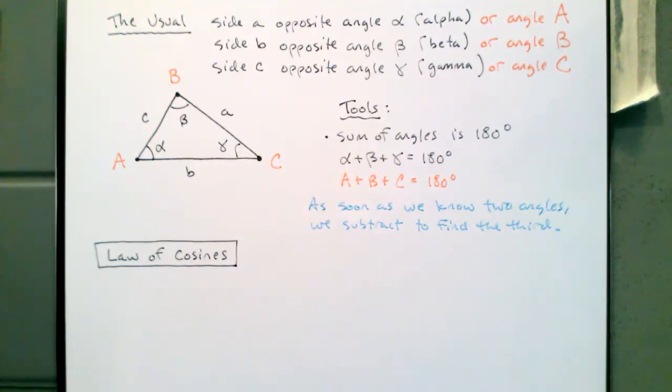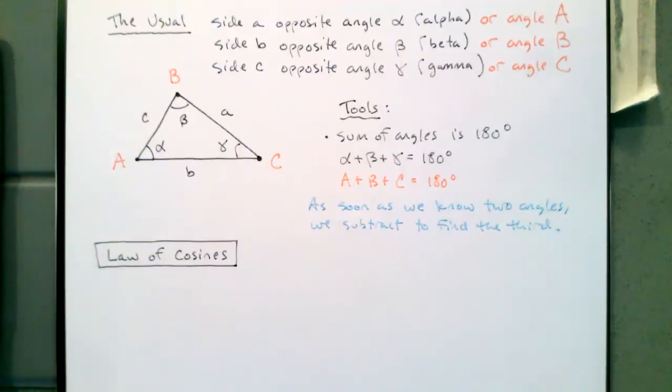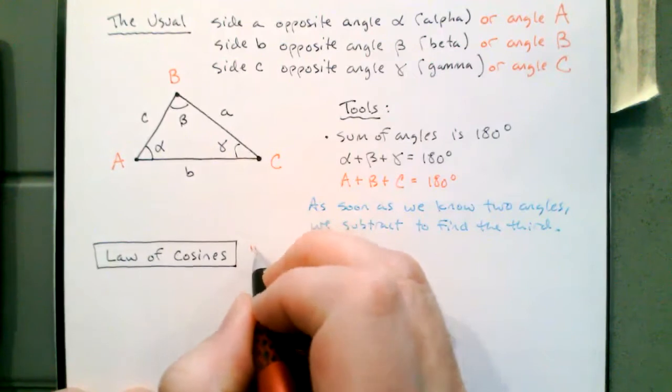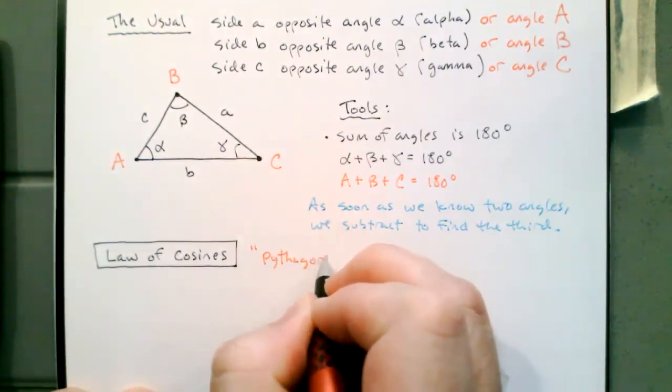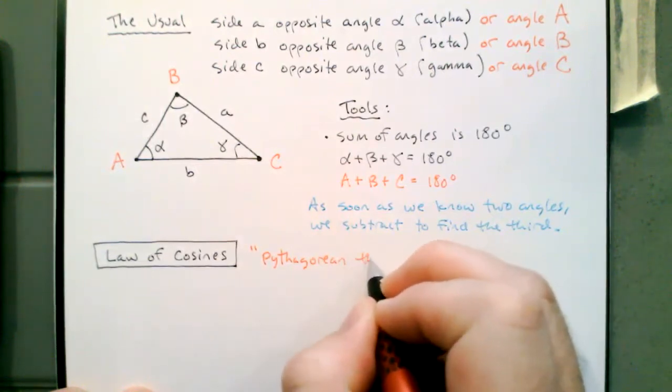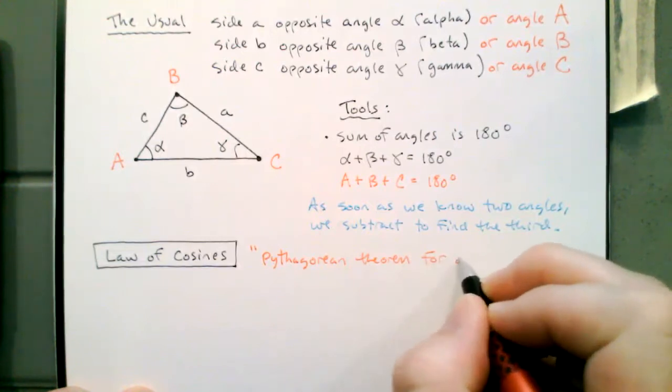Here's why I like the law of cosines. The law of cosines is like the generalized form of the Pythagorean theorem. It's the "Pythagorean theorem for non-right triangles." I'm going to put that in quotes because that's a fishy thing to say, but it's the Pythagorean theorem for oblique triangles.